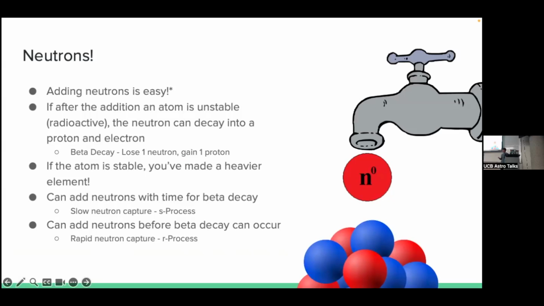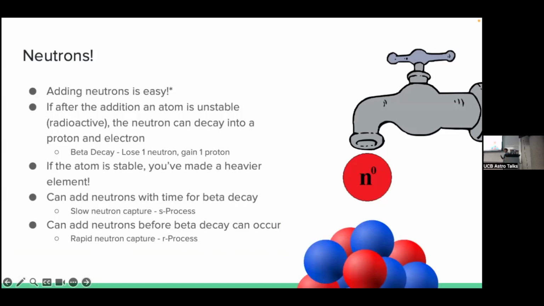That's because your neutron is neutral. When you're trying to smash together two hydrogen atoms, it's a proton and a proton, two like charges, and they repel each other. But if you have a neutron, there's no electric force on it. It's completely neutral, so for the most part it can sail right through. You just have to figure out how you add those neutrons.